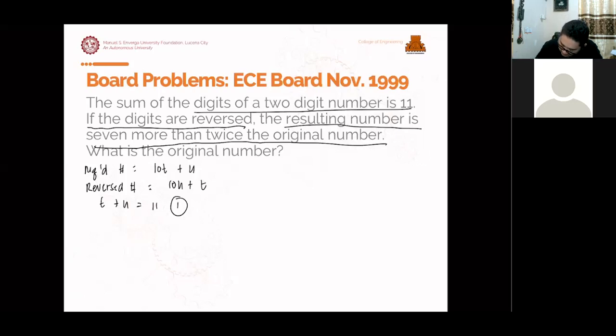So, yung reverse number daw natin, ito yung reverse number natin, equal siya sa twice, 7 more than twice. So, twice daw nung original number, plus 7. Okay?